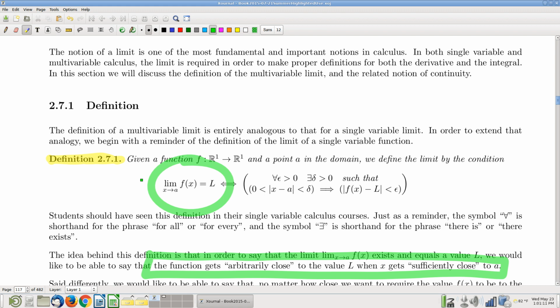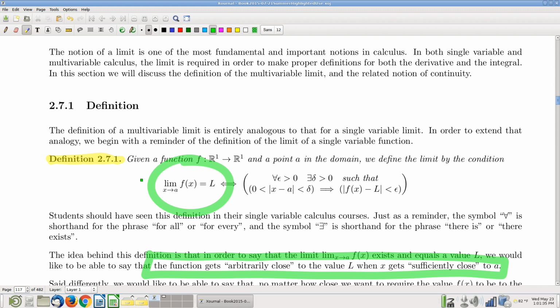The idea is that the function f gets arbitrarily close to this value L when x gets sufficiently close to the value a. It turns out there's a great phrasing.